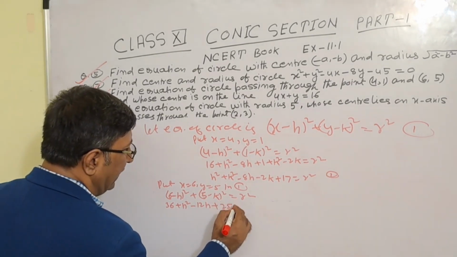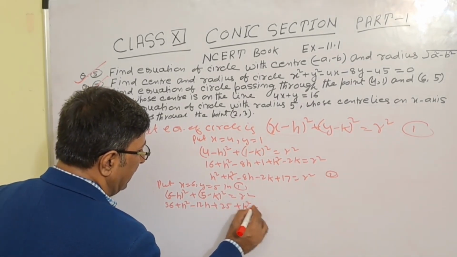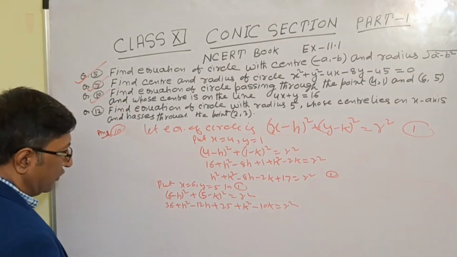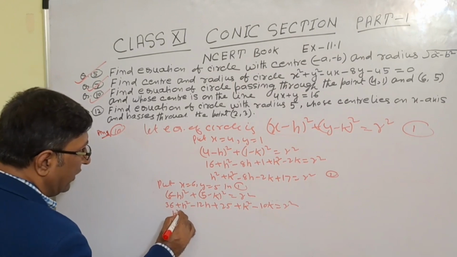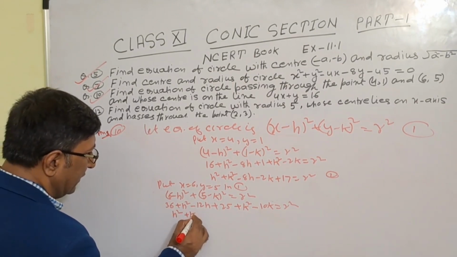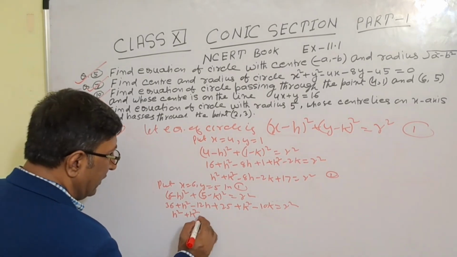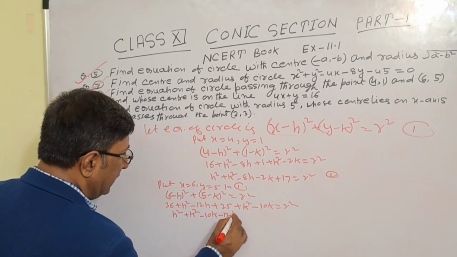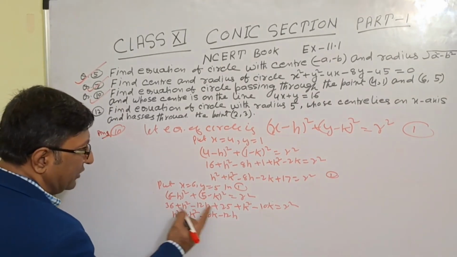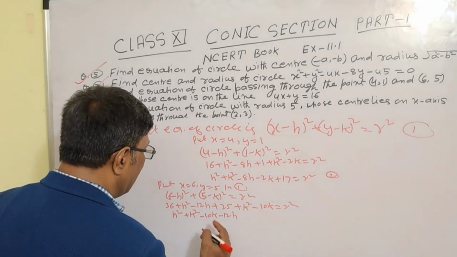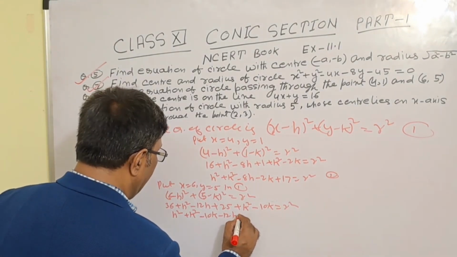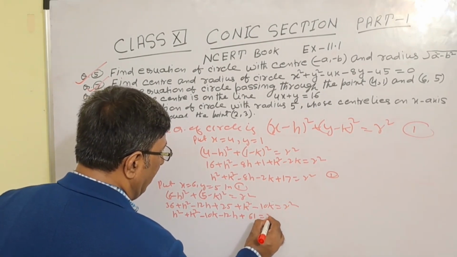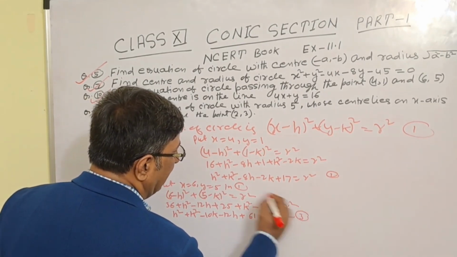Here 5 square, 25, plus k square minus 2 fives are 10, 10k equals r square. So again we can write this as h square plus k square minus 10k minus 12h, and 36 plus 25 is 61, equals r square. This is the third equation.